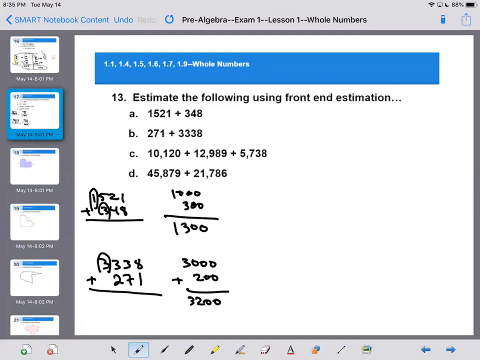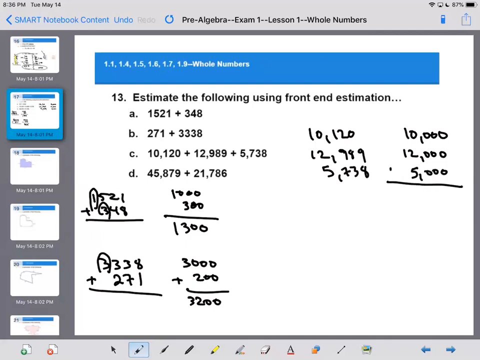So if we have 10,120, we could say 10,000. 12,989, we could say 12,000. 5,738, we could say 5,000.